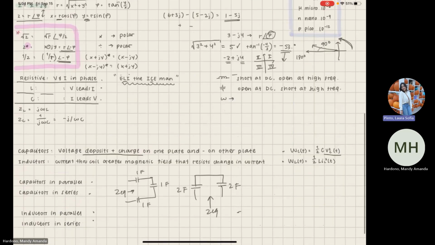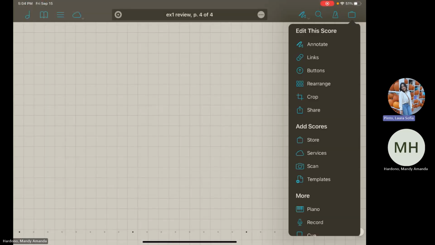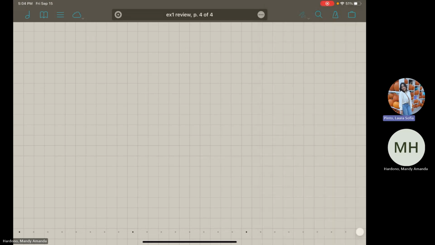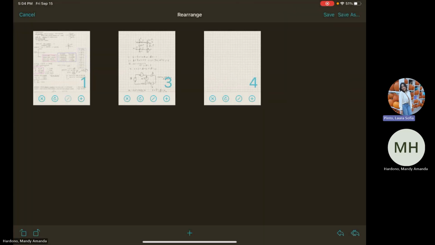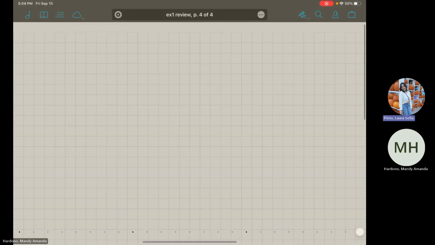Now we can work on some practice problems. So, for the phasor math, the complex math, do you want to go over an example of that?